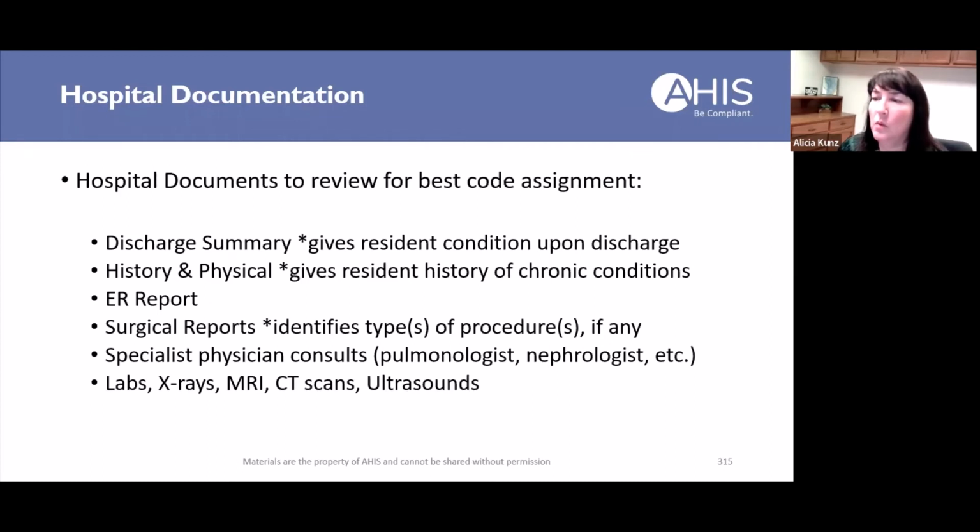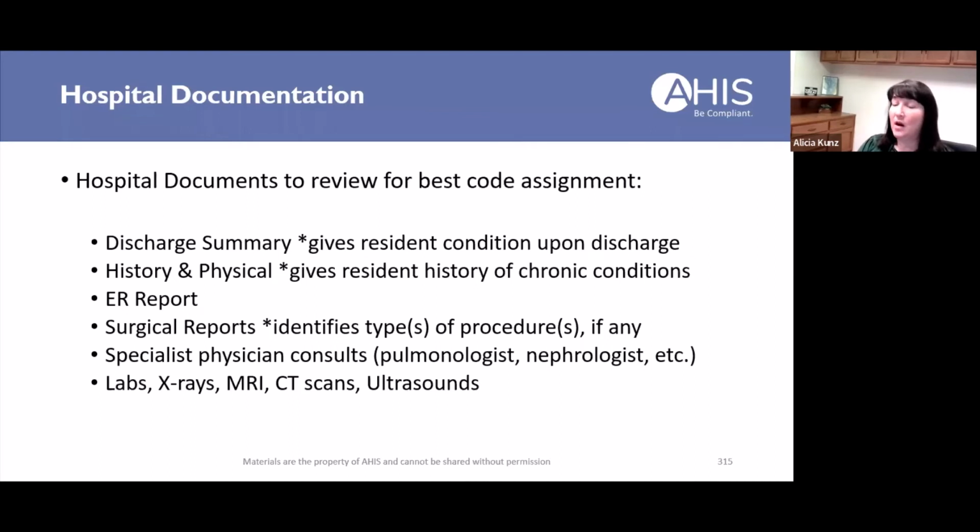So when it comes to proper coding, writing up a diagnoses list, assigning the correct code, there's a lot of different things that you have to look at. There's not just one piece of documentation. We look at the discharge summary, the one from the hospital, if they're coming from the hospital. The H&P, the one that comes from the hospital, and the one that our physicians do upon admission.